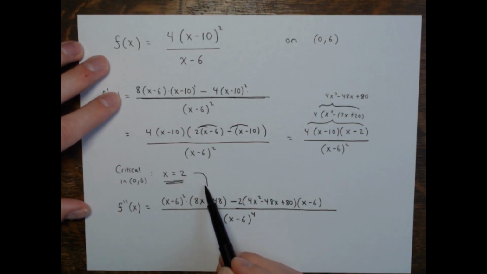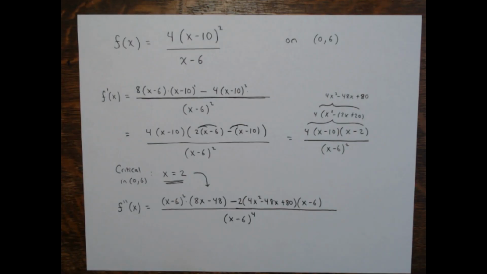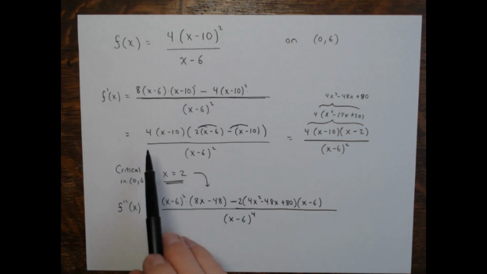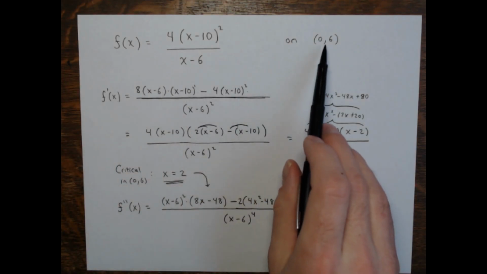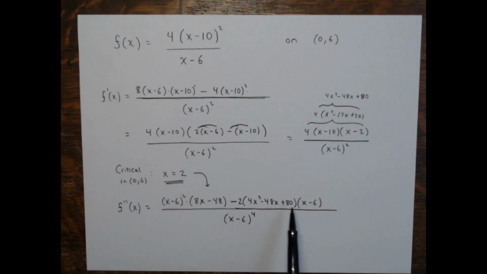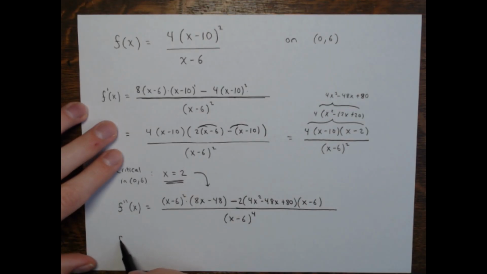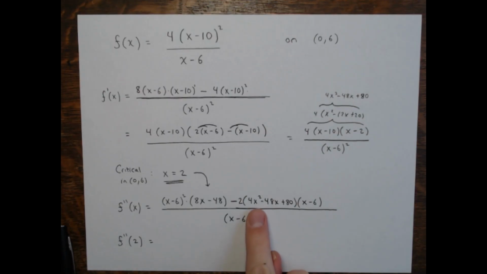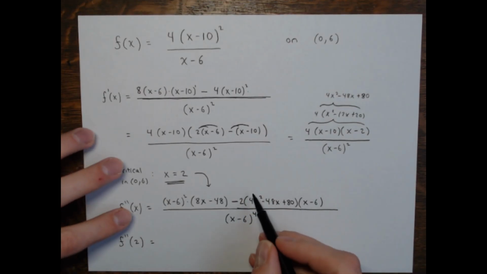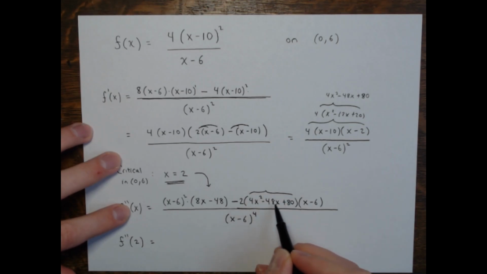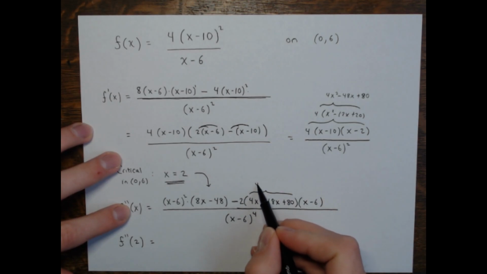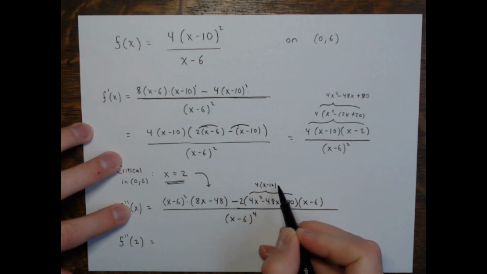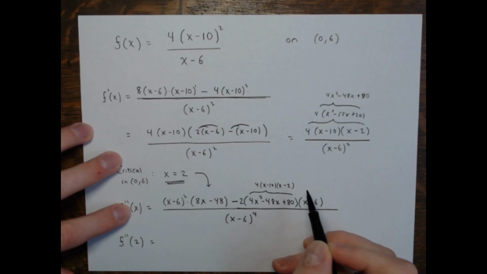Now what I'm going to do, to use this second derivative test, is plug in 2, the only critical value from f prime we found that was in this interval, and see if it's positive or negative. So the second derivative at 2, the nice thing is, if you think about this in factored form, remember this 4x squared minus 48x plus 80, that's the same as 4 times x minus 10 times x minus 2.